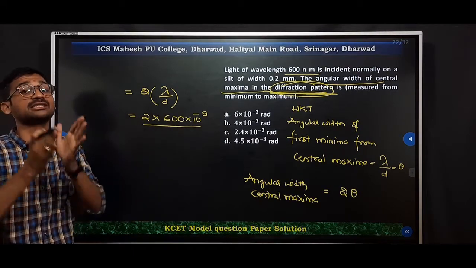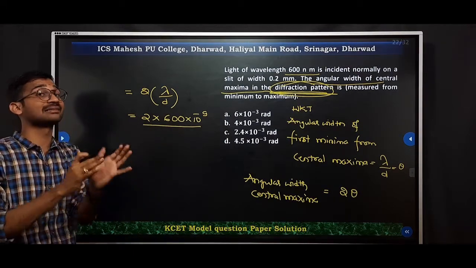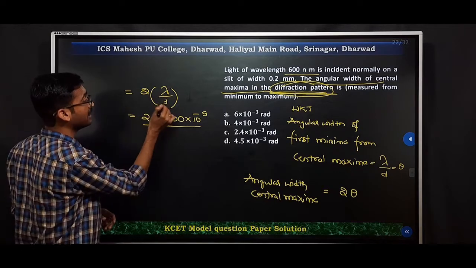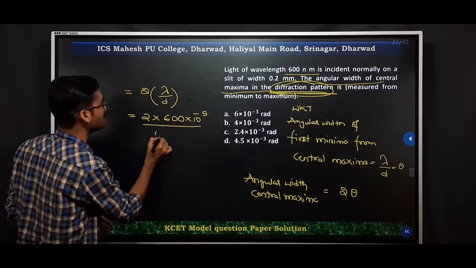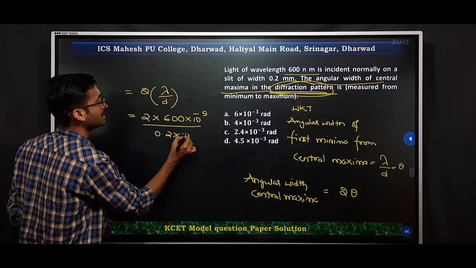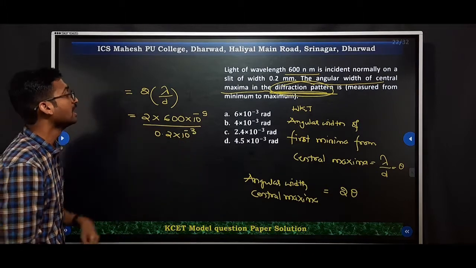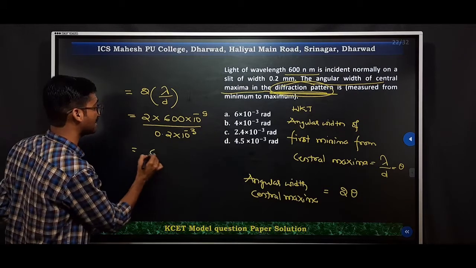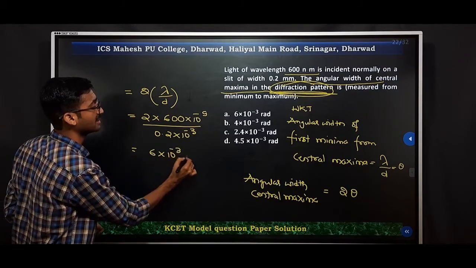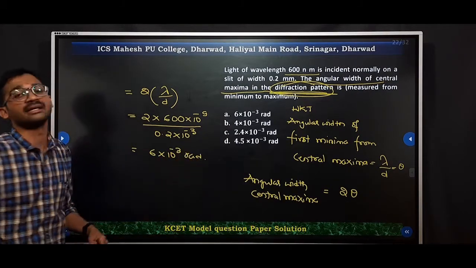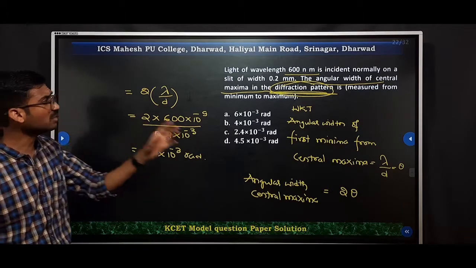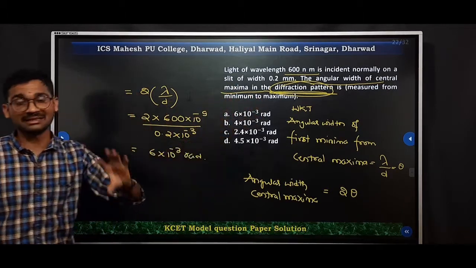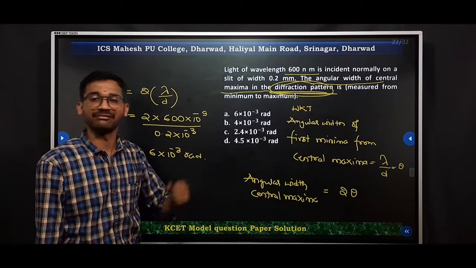For the distance from the screen to the slits, that will be the capital D. Therefore, it will be the slit width, that is how much here? 0.2 mm, means 10 raised to minus 3. Now let's solve this one. On solving, we get the answer as 6 into 10 raised to minus 3 radian, which is the angular width of the central maxima for the diffraction pattern.